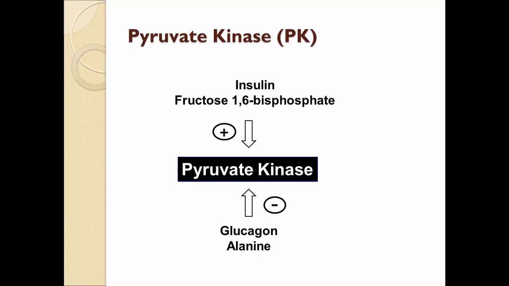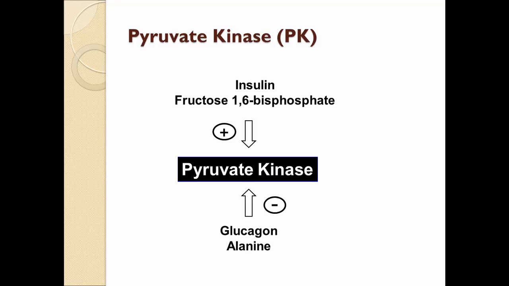The pyruvate kinase, the key glycolytic enzyme, right, can be activated by insulin and fructose 1,6-bisphosphate, and fructose 1,6-bisphosphate is an intermediate, right, in the glycolysis and gluconeogenesis pathway. So it's different from the key substrate we just talked about. Itself is an intermediate in both glycolysis and gluconeogenesis.